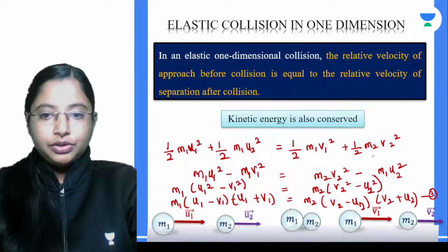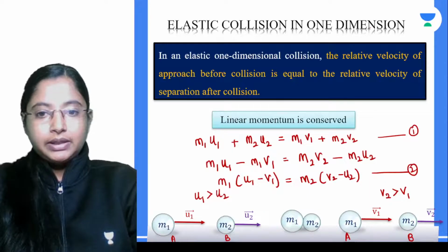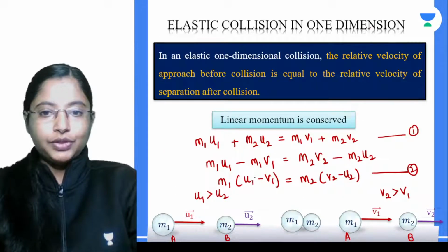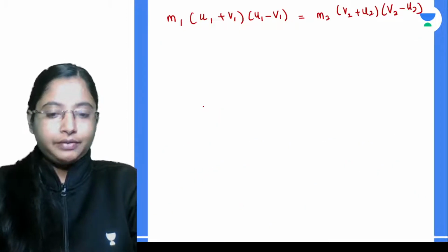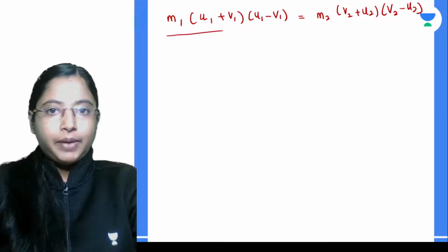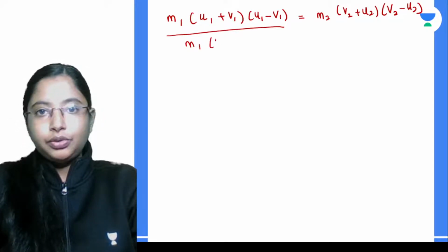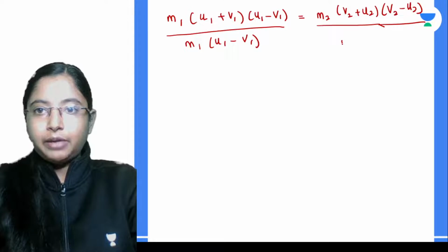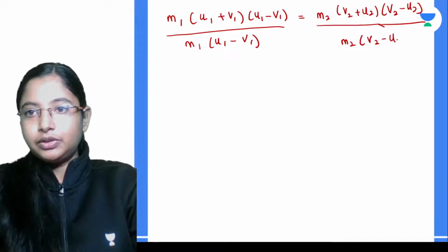Now we are going to divide this equation by the second equation we got over here. So let's divide by m1 into (u1 minus v1), and on the other side we will divide by m2 into (v2 minus u2).